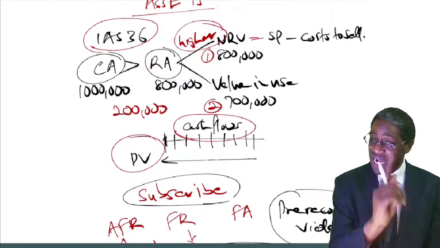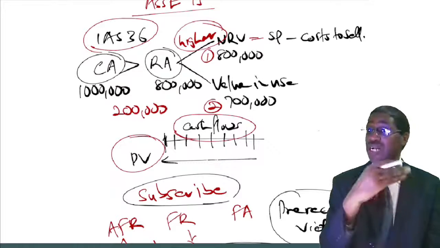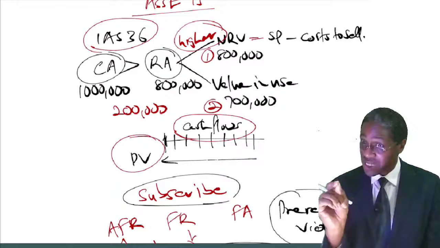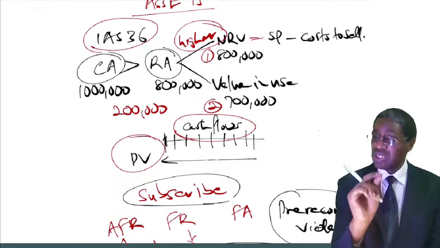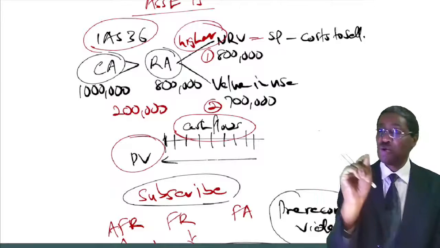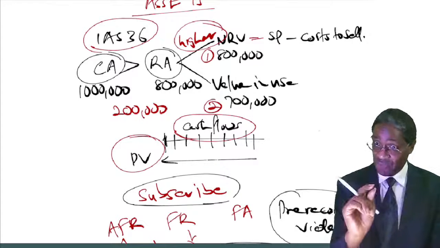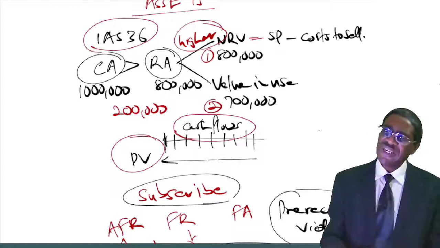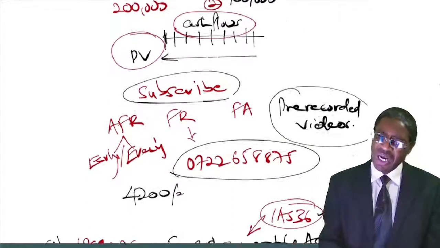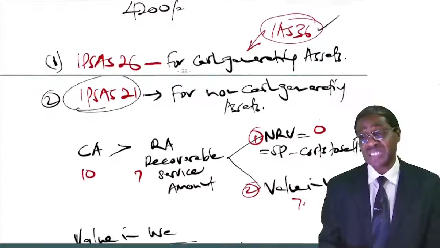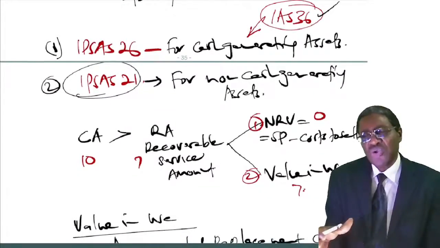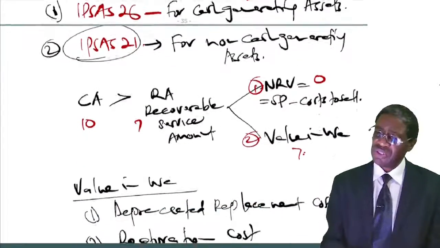That is under IPSAS 36 or IPSAS number 26, because they are generating cash flows. But how then can you define value in use on non-cash generating assets, yet there are no cash flows?